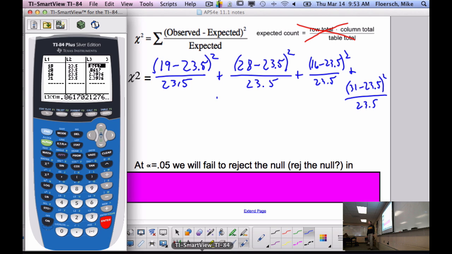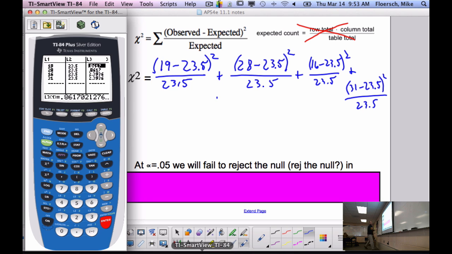Put our expected data in List 2. Good. Now let's say they ask you about a specific cell.